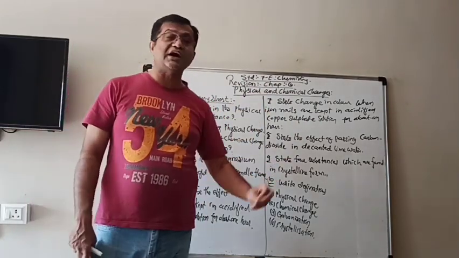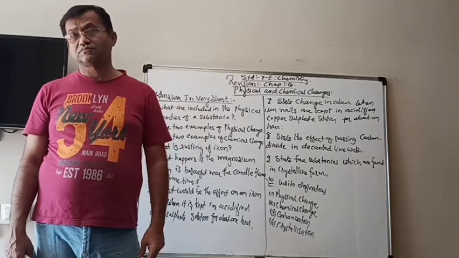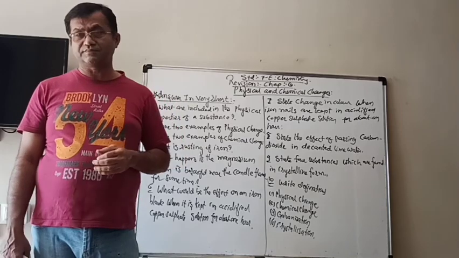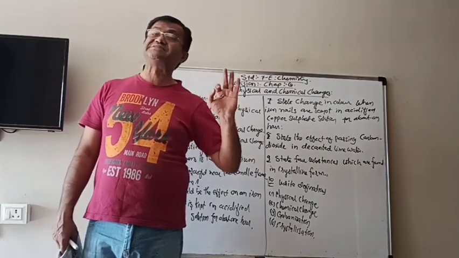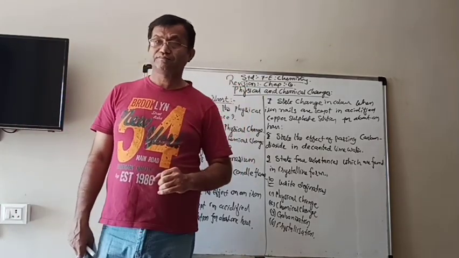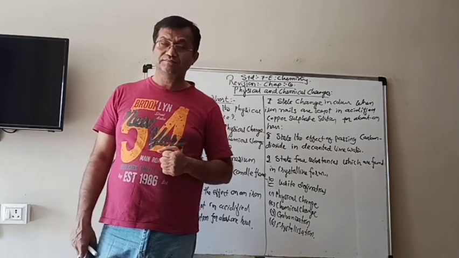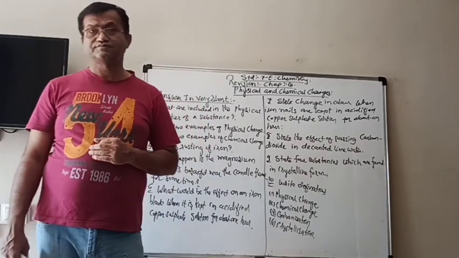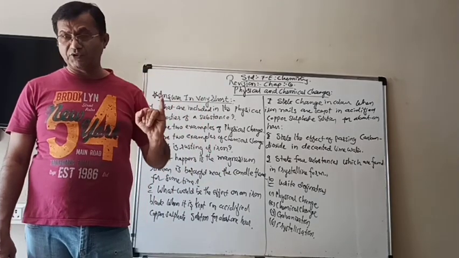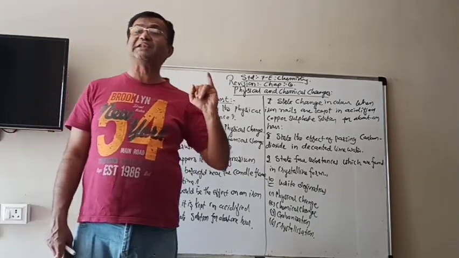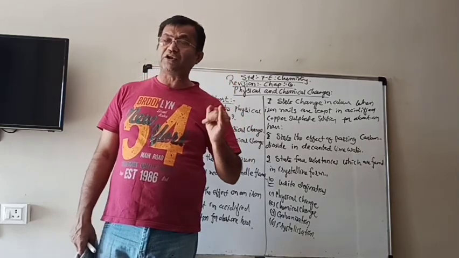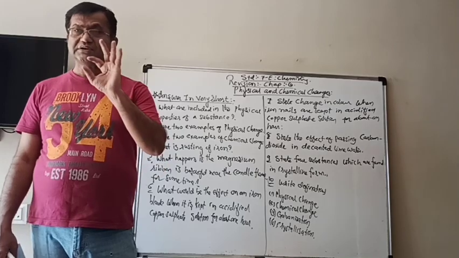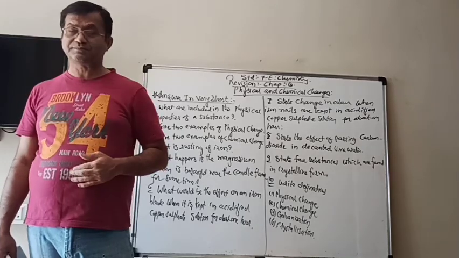Third one is galvanization. Galvanization is a process of depositing a layer of zinc metal on iron. So the process of depositing a layer of zinc metal on iron objects is known as galvanization.